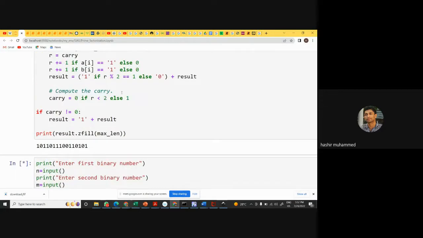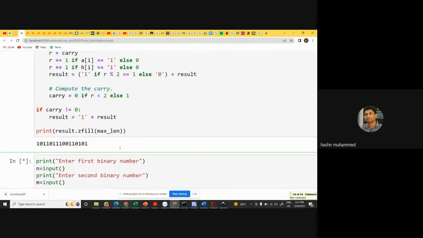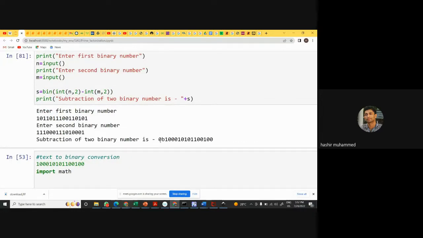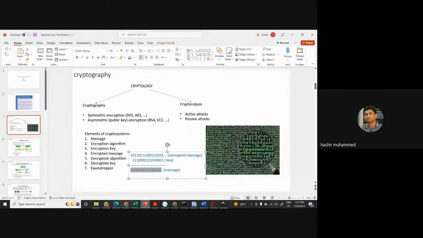This is the number, this is the key. In this program I am subtracting; in the first program I was adding. So this is the result. You have the decrypted code. Now you know I had put in QKD. So this is how this system works.